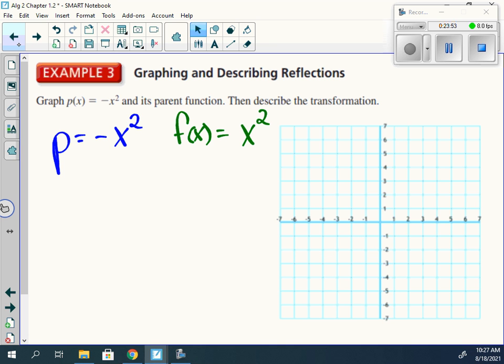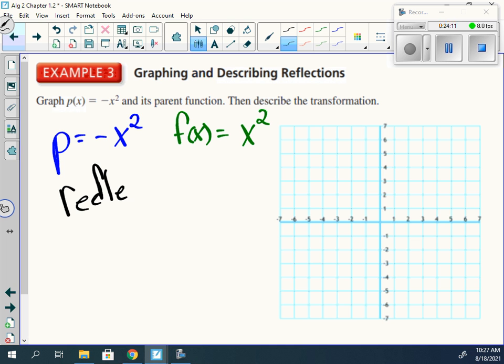So here, since a is negative, the sign in front of the variable is negative, not inside the parentheses, outside. This would be a what? Across the x-axis.